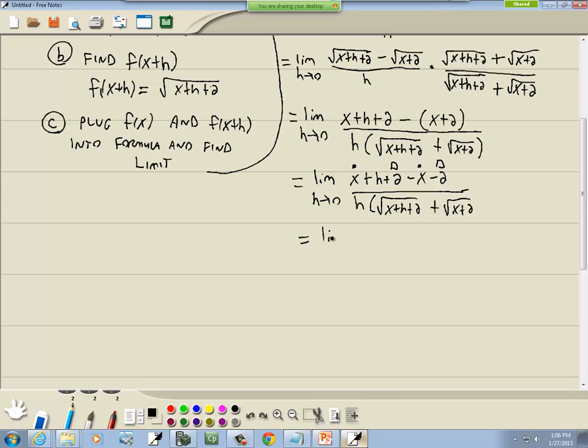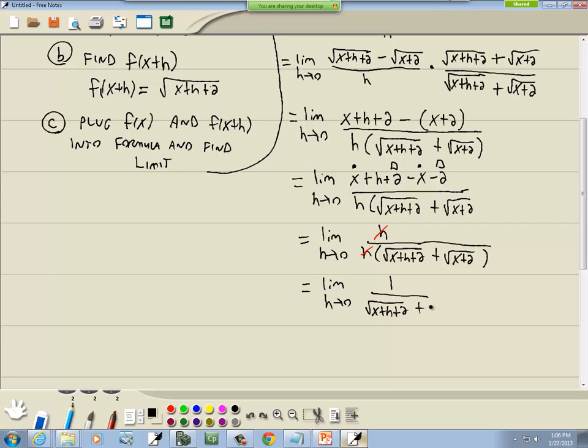So we end up with the limit as h goes to 0 of h over h times the square root of x plus h plus 2 plus the square root of x plus 2. Now down below we have h times something, so these h's are going to cancel. And we got the limit as h goes to 0 of 1 over the square root of x plus h plus 2 plus the square root of x plus 2.